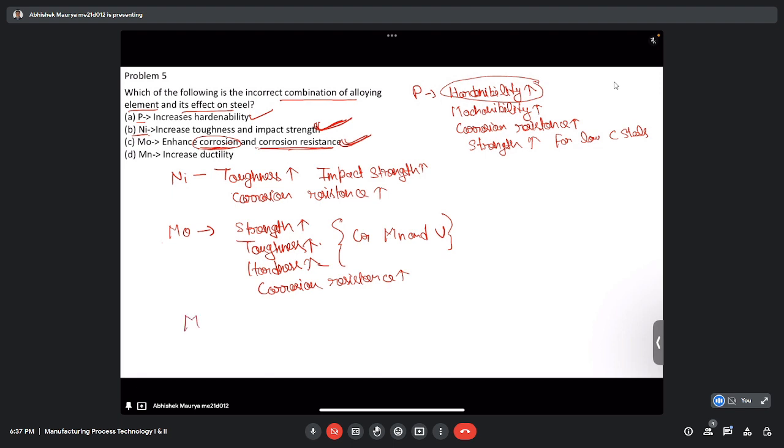Now let's see manganese. Manganese also increases the hardenability, but it decreases the ductility, as well as the weldability.